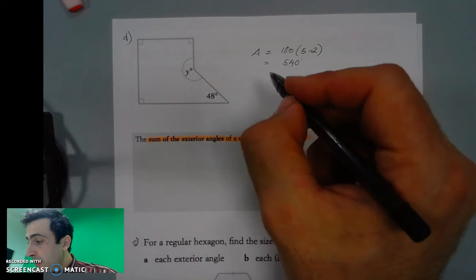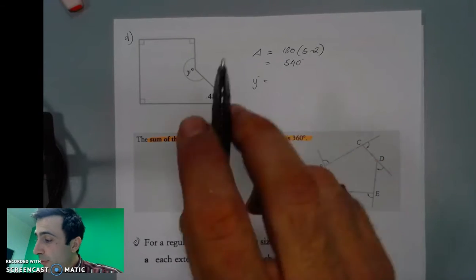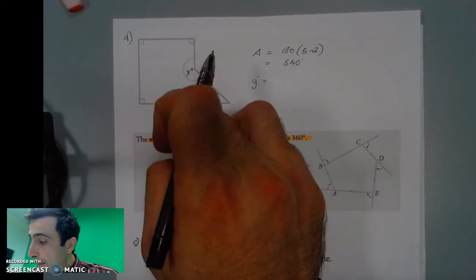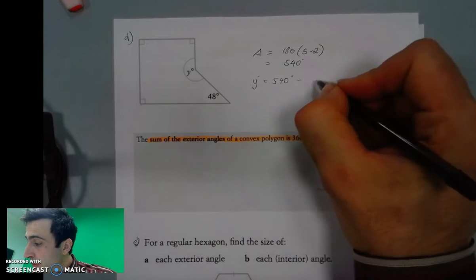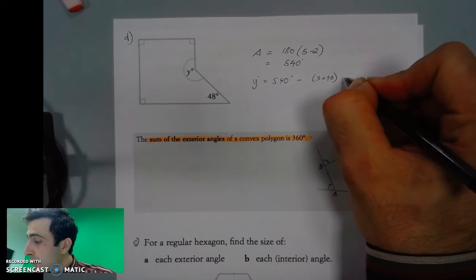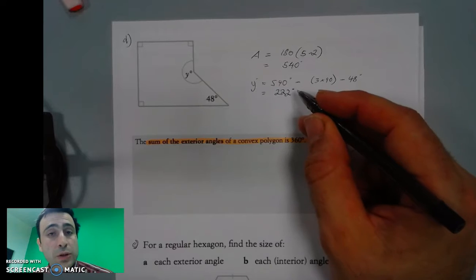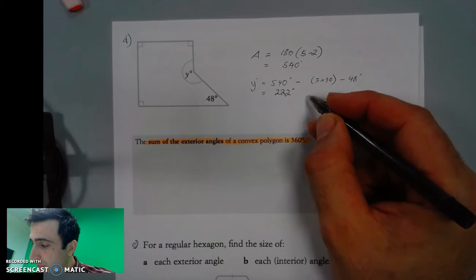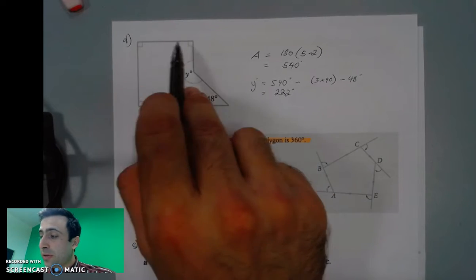So now, if I'm going to figure out y degrees, it's 540 for the whole thing, minus 3 lots of 90 degrees, minus 48 degrees, just work that out, and that equals 222 degrees. So we figured out the whole thing, and then we subtracted all the angles that were given to us.